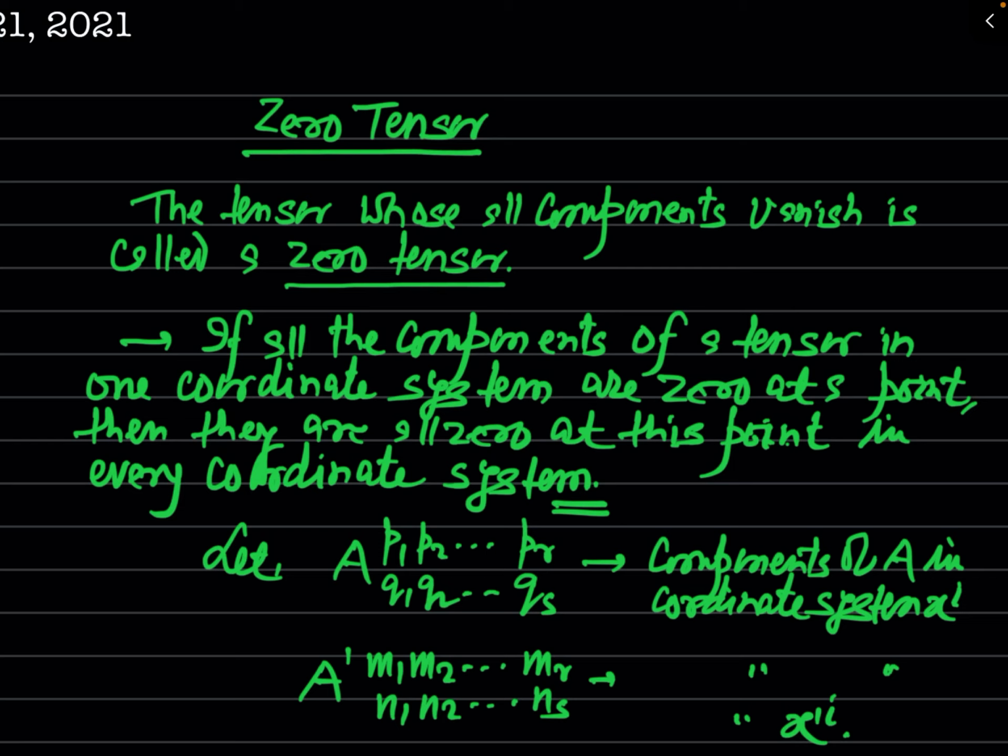Then just you have seen how these components in the coordinate system where independent variables are x'_i will be obtained if you know the components of this tensor in coordinate system x_i.